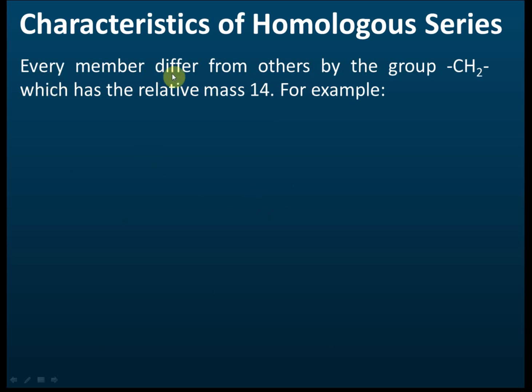The second characteristic: every member differs from others by the group CH2, which has a relative mass of 14. For example, let's see alkane. The first alkane is CH4. The second alkane is C2H6, and from here we can see that the difference is 1 carbon and 2 hydrogens.